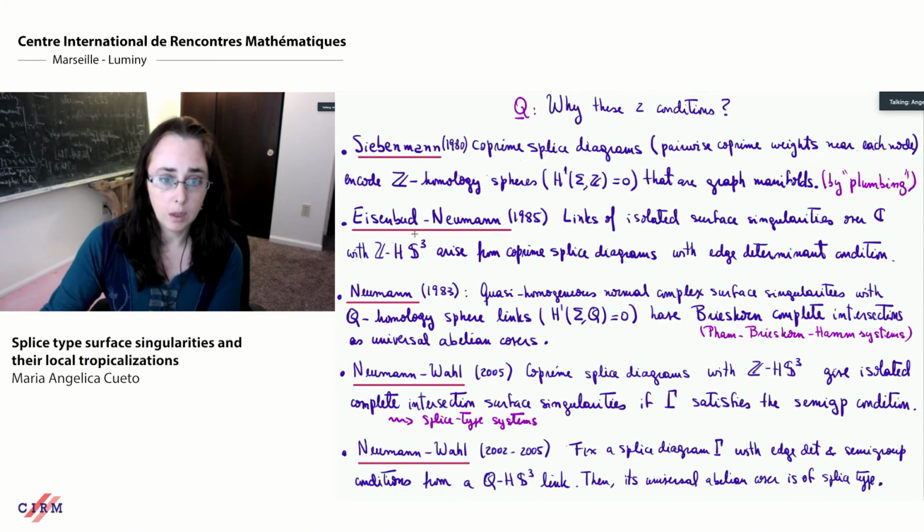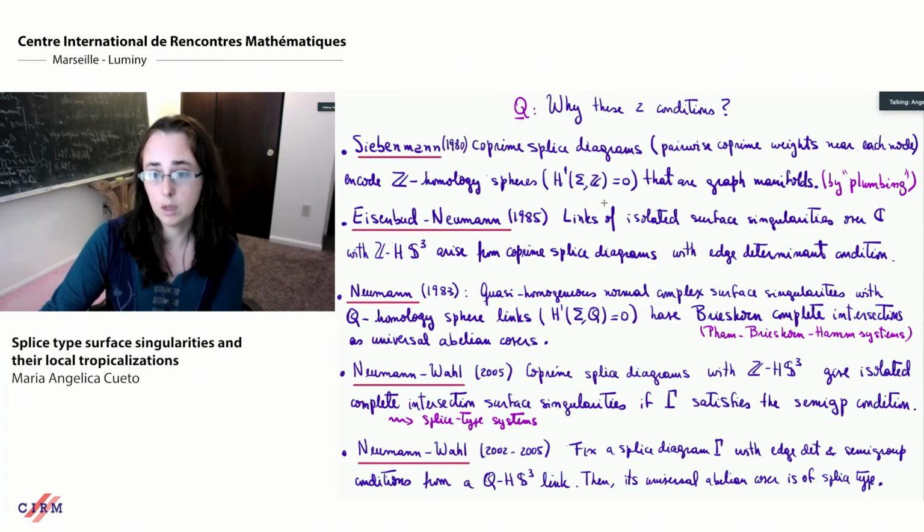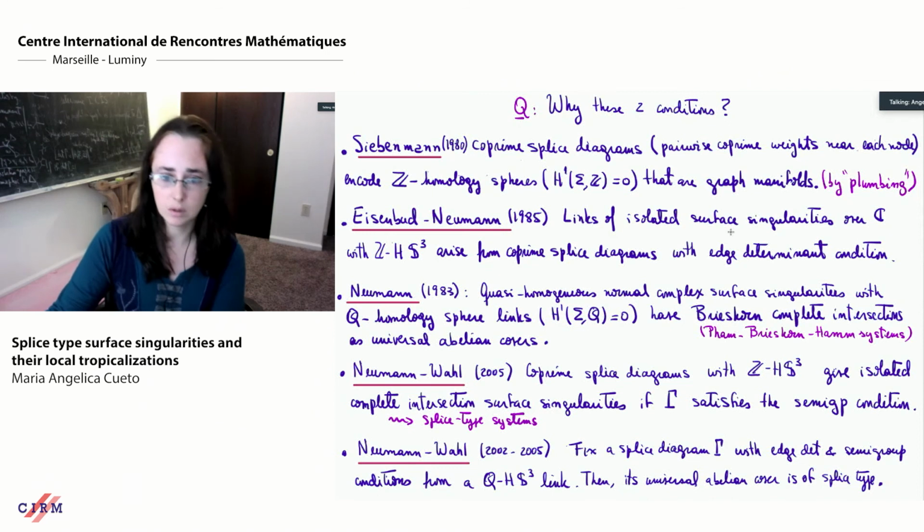Now, in 85, Eisenbud and Neumann discussed the links of isolated complex surface singularities with integral homology spheres, and they realized them as coming from coprime splice diagrams that have this edge determinant condition. So that was necessary to get this type of result.